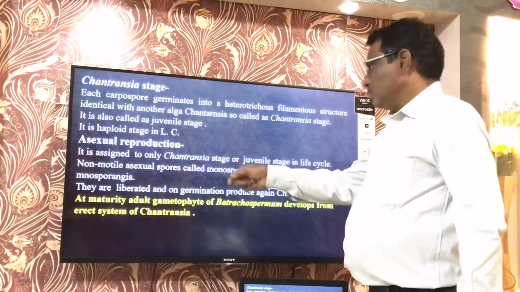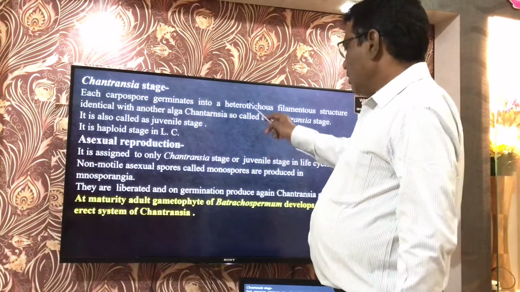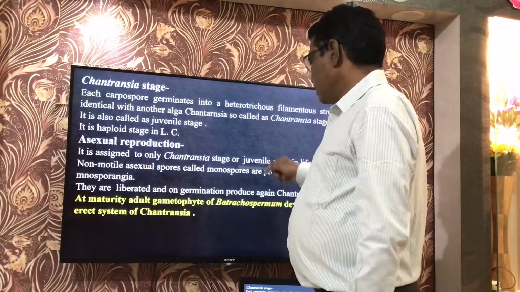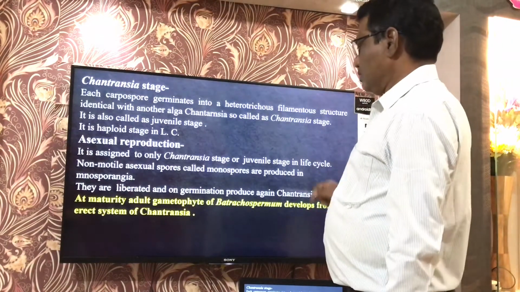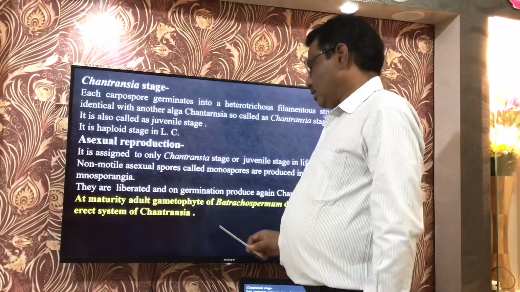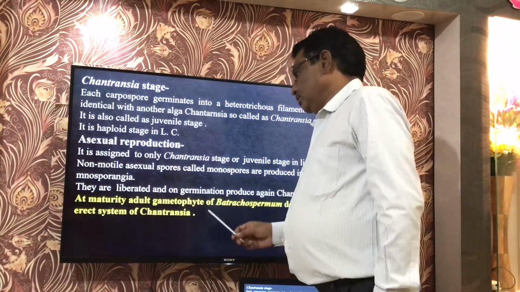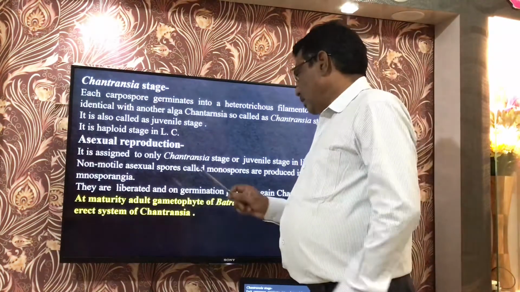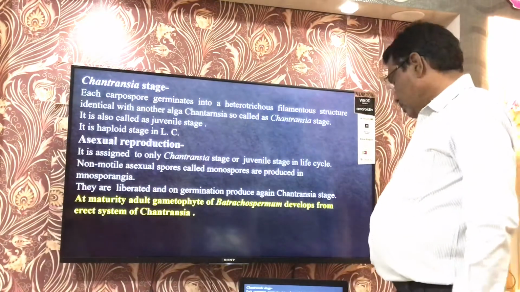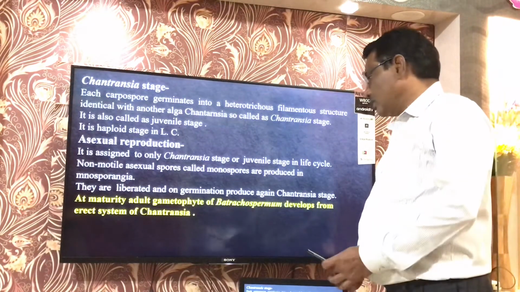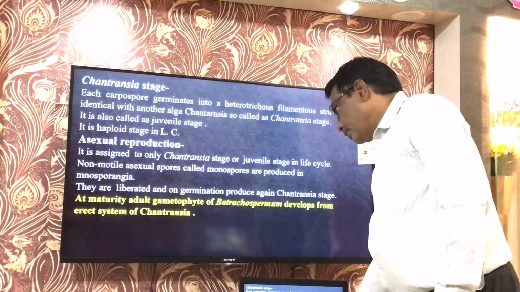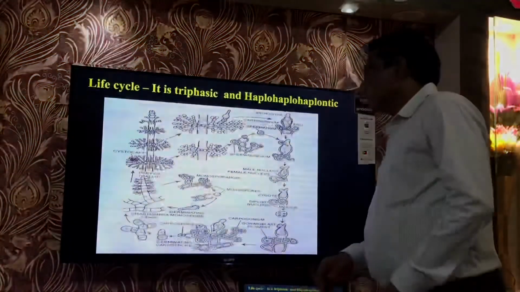So this is about the Batrachospermum life cycle in which the Chantransia stage is present, which we have observed in an earlier slide diagrammatically. So here, from the mature Chantransia stage, adult Batrachospermum develops from the erect system of Chantransia.